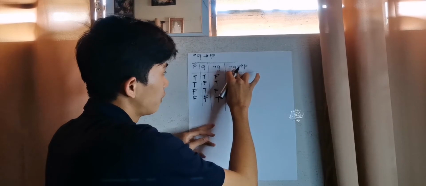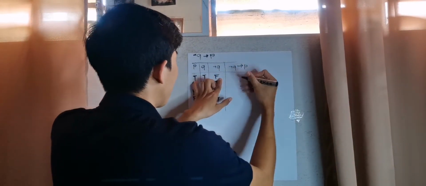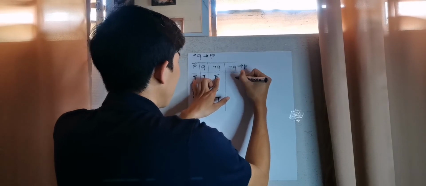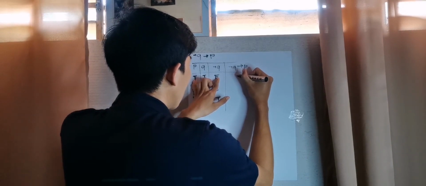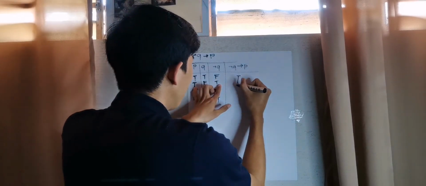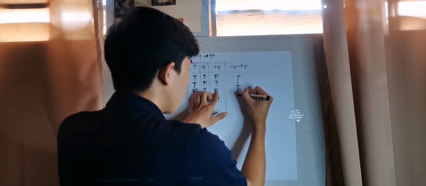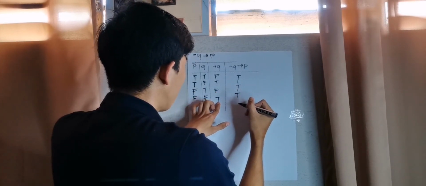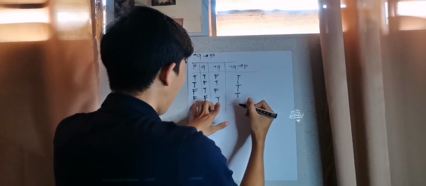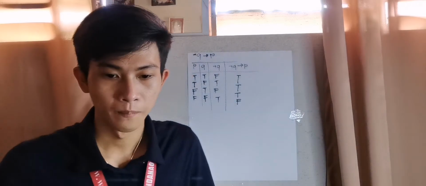So negation of Q implies P. F and T, so our answer is true. T and T, our answer is true. And false and false, our answer is true. Then since our Q is true and our P is false, the answer is false.